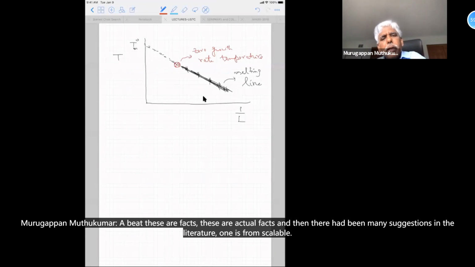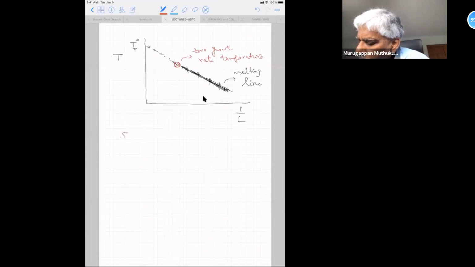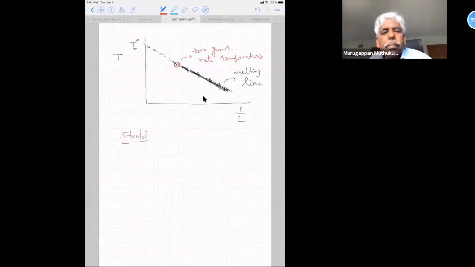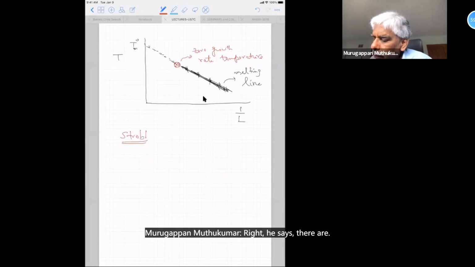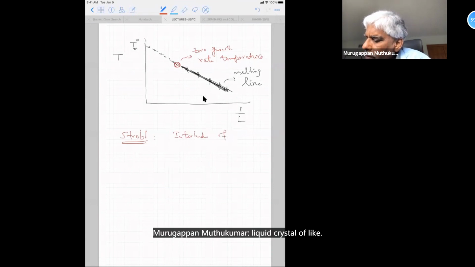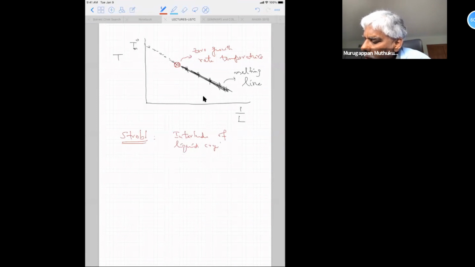And then there have been many suggestions in the literature. One is from Strobl, and it's very well written in his book. He says there is an interlude of a liquid-crystal-like, mesomorphic state.